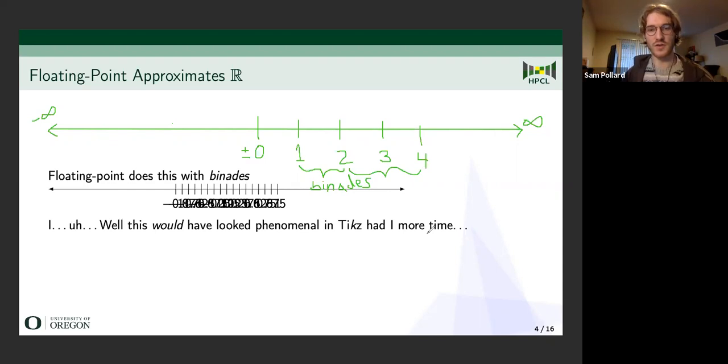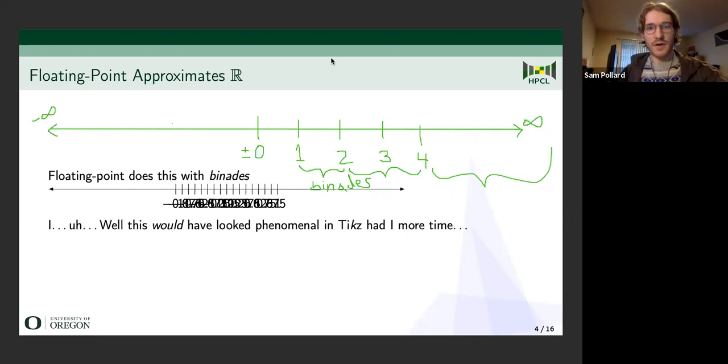So between 1 and 2 and between 2 and 4, every single number is the same distance apart. And this happens for every power of 2, right? So you can imagine between 4 and 8. And what this means is as you get further and further away from 0, larger or smaller, the numbers between each floating point get further and further apart. And this is a result of how the format is done.